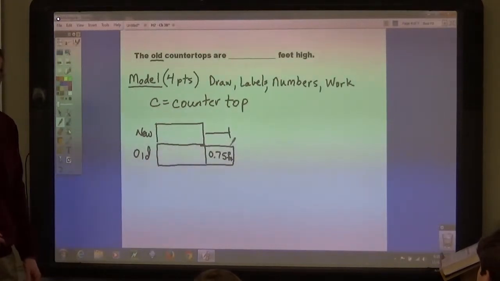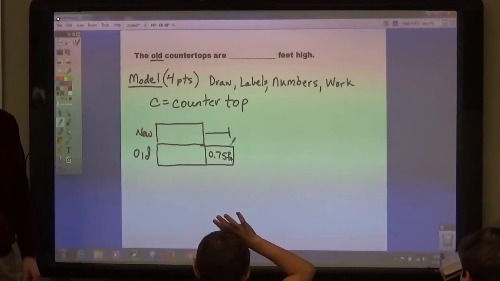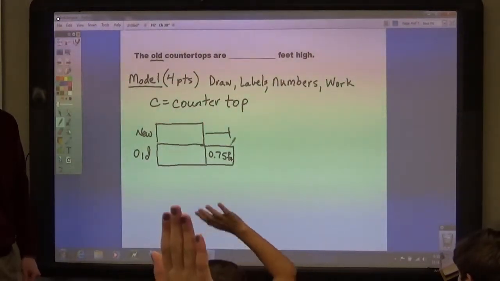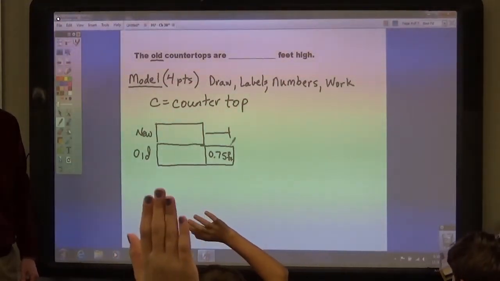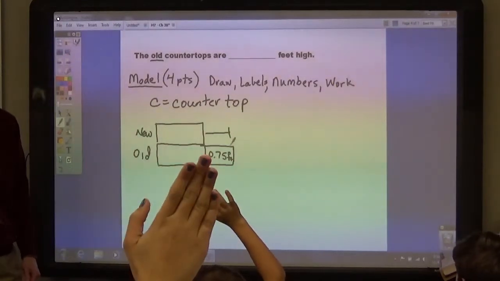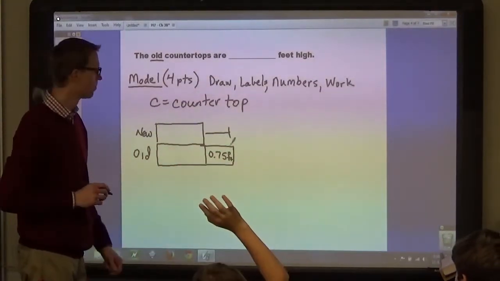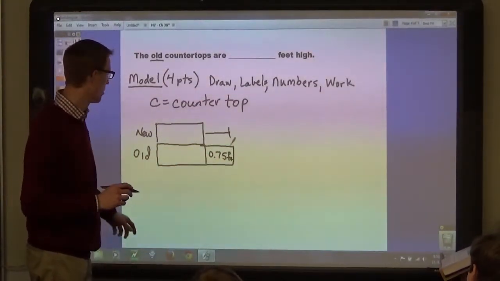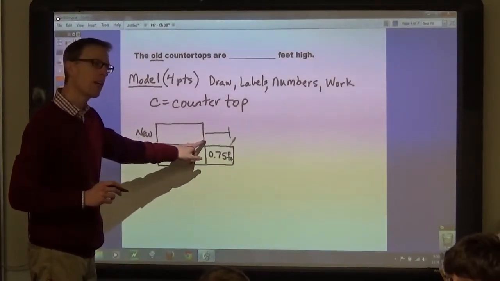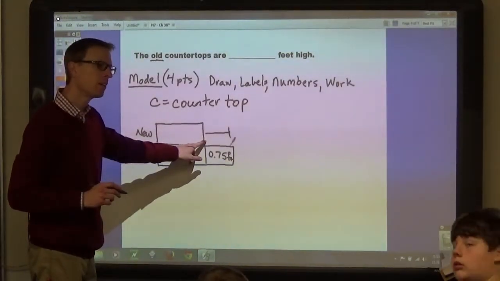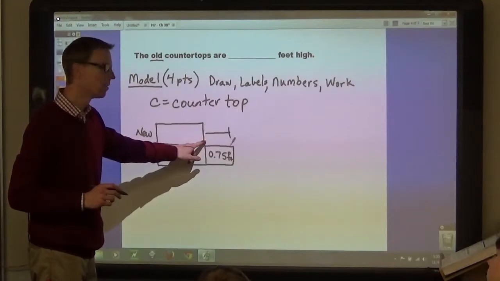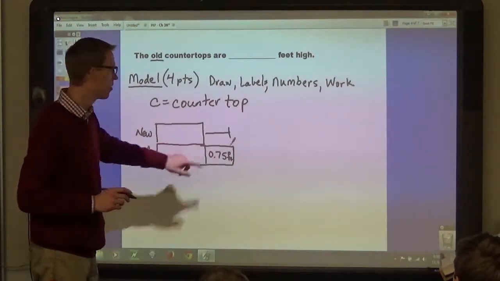What else do we know? Page 168. What else do we know from the problem? James? The new countertop is 2.5 feet high? Is that right? Okay.